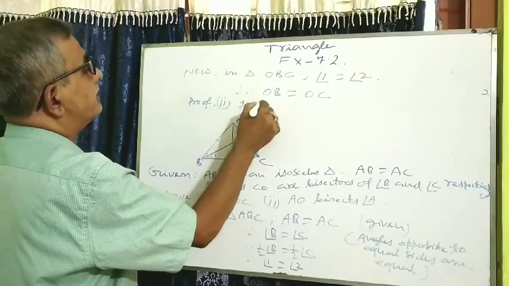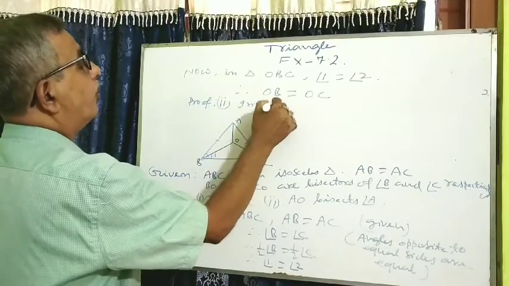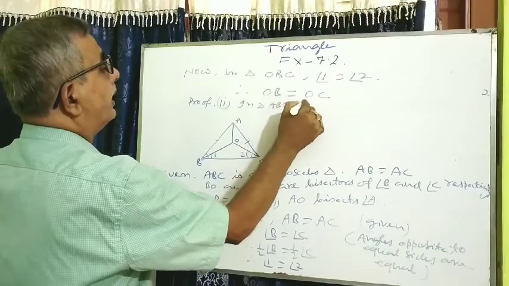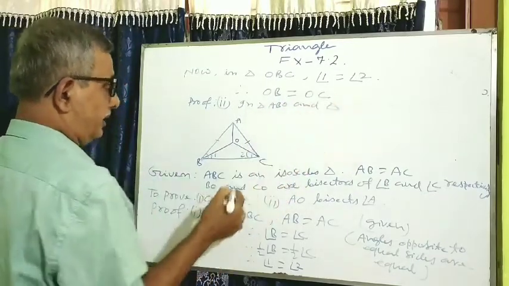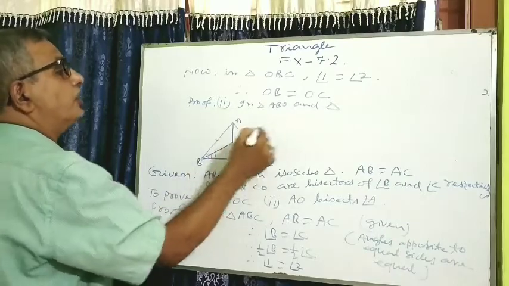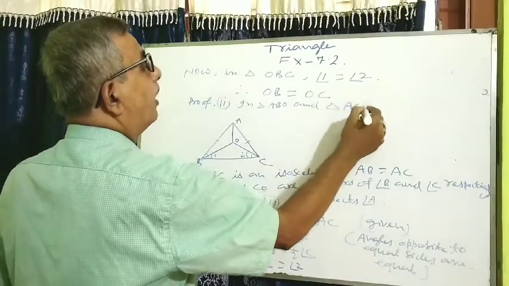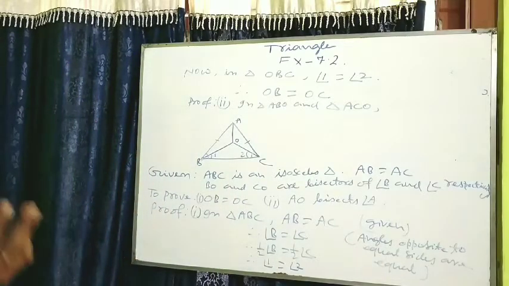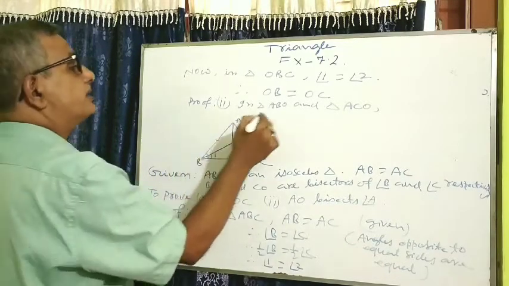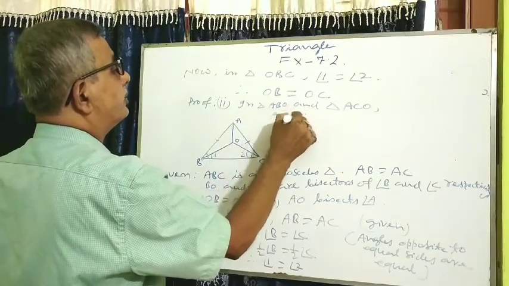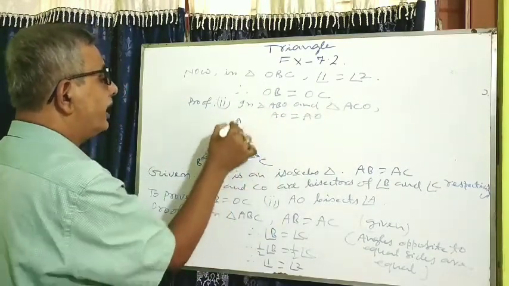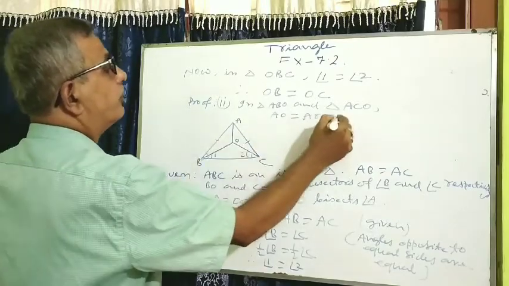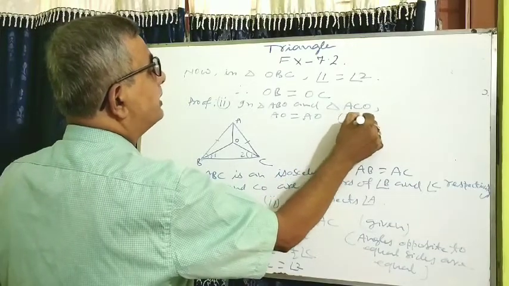So in triangle ABO and triangle ACO, what are the things you are getting? Three points are required. So you can write AO is equal to AO. Why is it so? This triangle and this triangle you consider. AO is equal to AO because it is a common side.